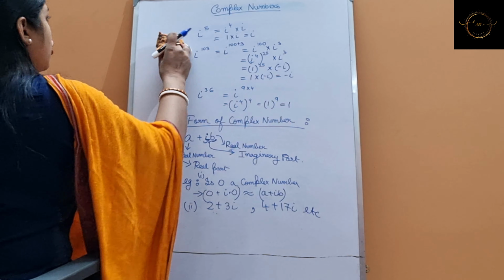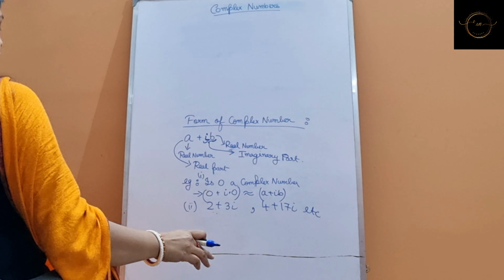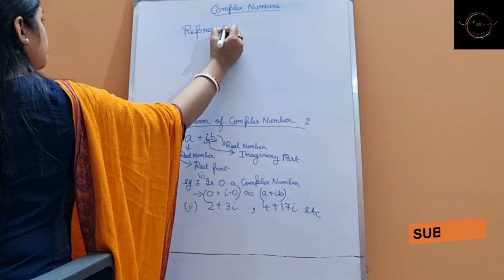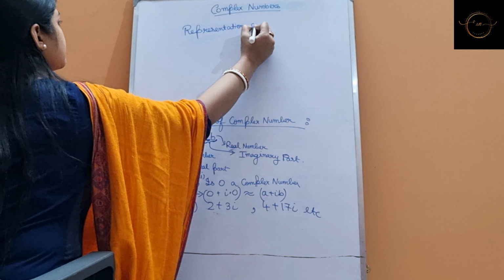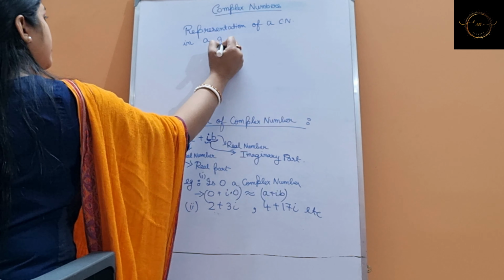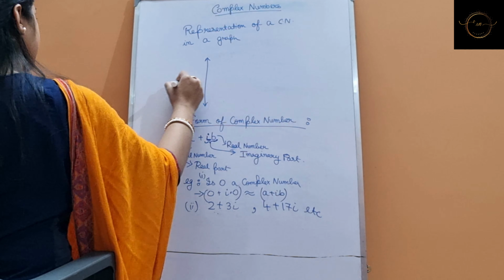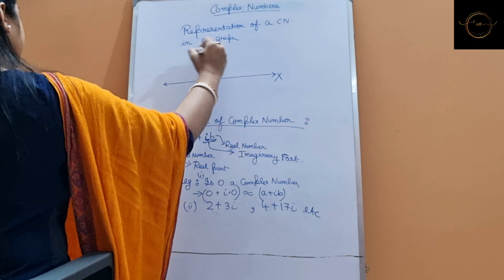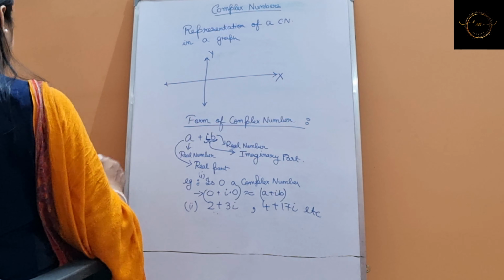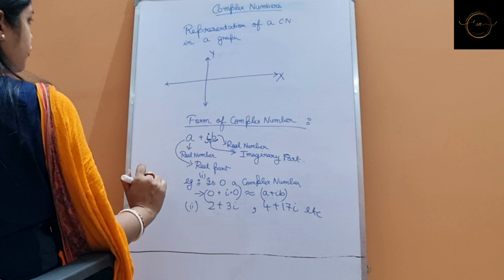Now, representation of a complex number in a graphical form. Representation of a complex number in a graph. When you talk about a graph in the real number system, you know how to plot graphs. And in case of the complex number system, how will you find out? Suppose you are trying to plot the point 2 + 3i.